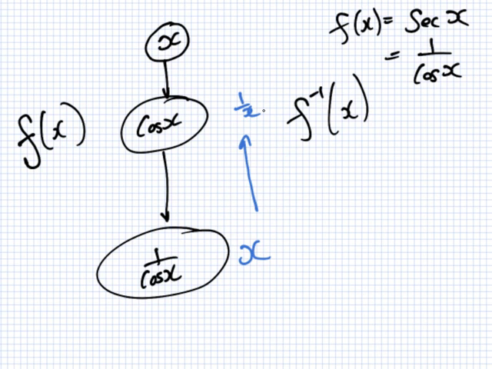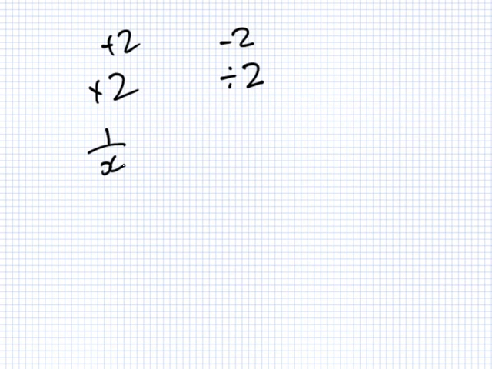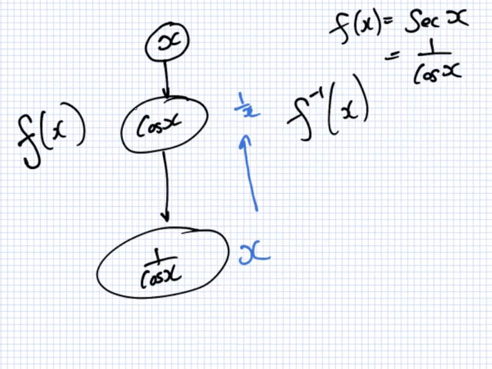That's actually the reverse. Now, think about this. If I say add 2, the reverse is minus 2. Multiply by 2, it's divide by 2. But if I say 1 over x, the reverse of that is to do it again. It brings you back to x. And then the reverse of cos x is cos inverse.